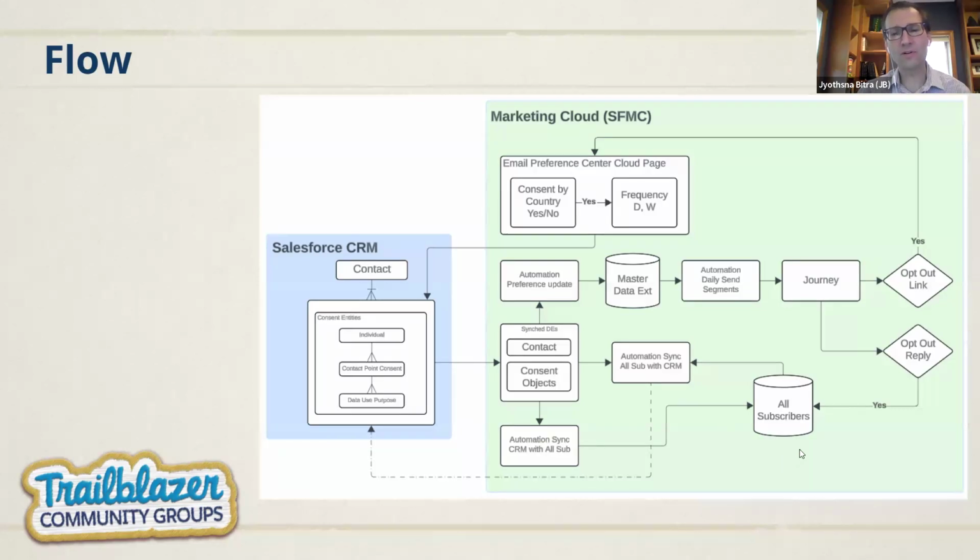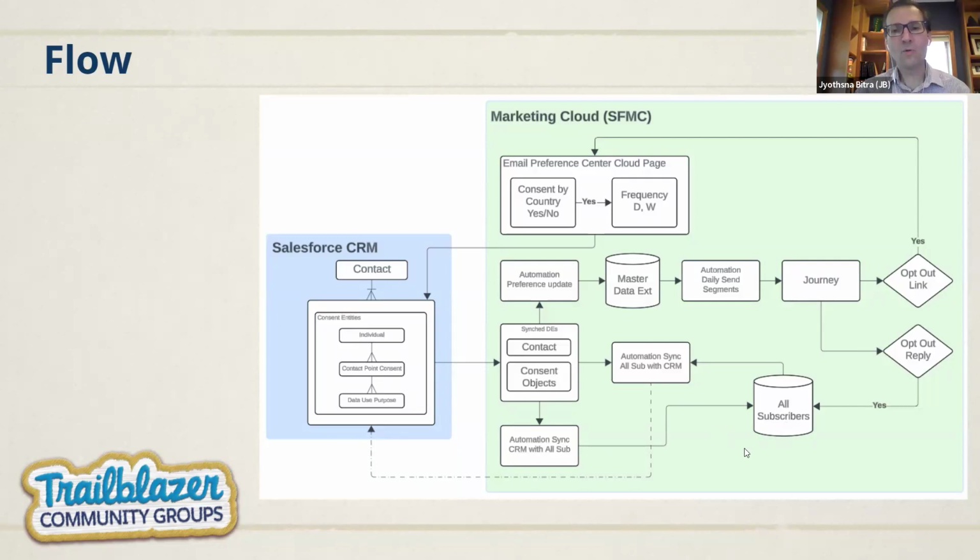You might have a subscriber or a contact that might be unsubscribed, but based on their preference management on that preference center, they might opt in for those email communications. And that's where this automation is going to check to see for that contact. We're going to want to compare what is in all subscribers and also compare what is in the consent model and update that accordingly. So that's one automation.